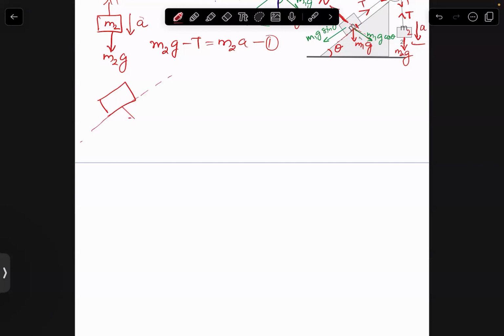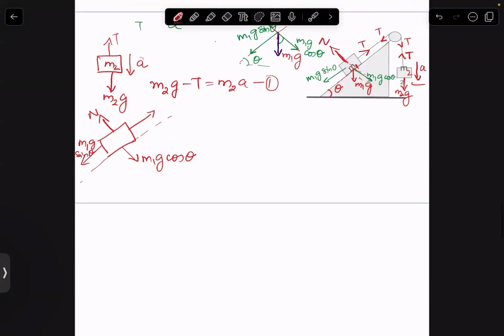So there is m1g cos theta acting perpendicular to the plane, and m1g sine theta acting parallel to the plane, and N is there, and there's this T. Tension is also over here.